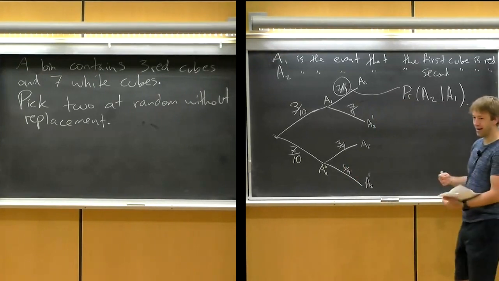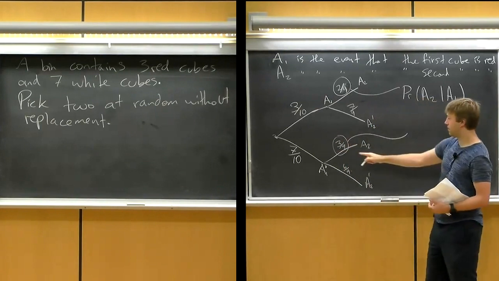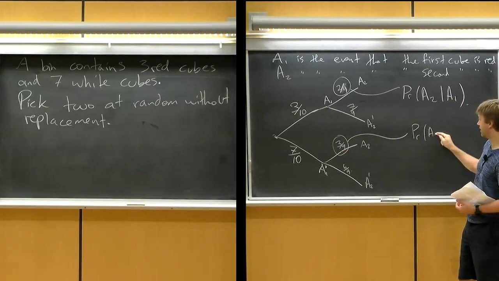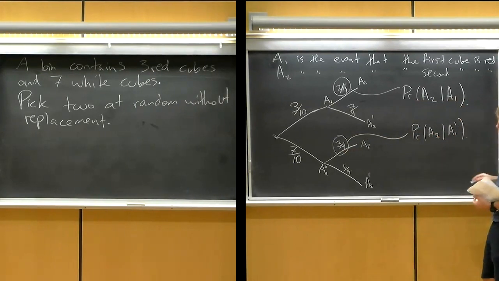Okay, sorry I misspoke on some of those, but this 3 over 9 comes from the probability that the second one is red given that the first one is white.